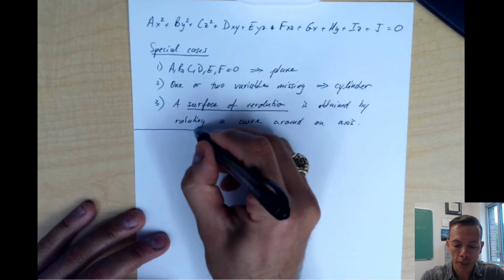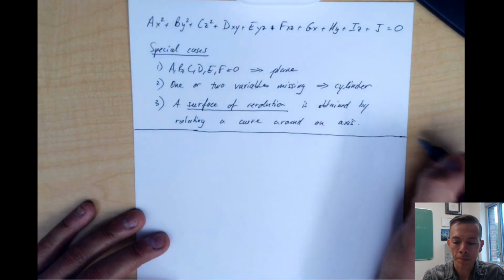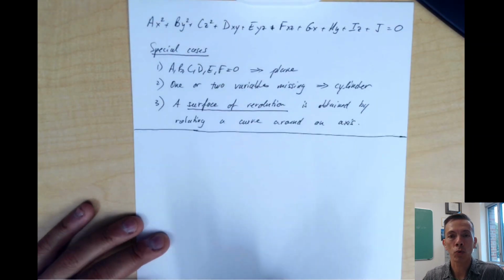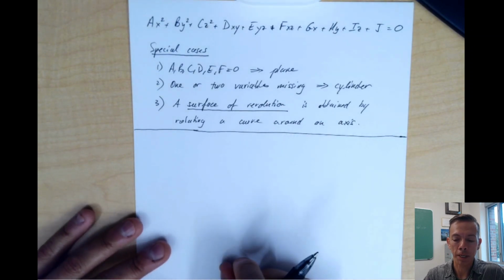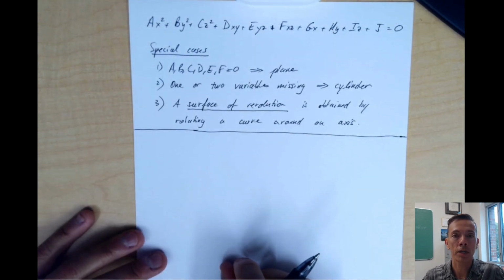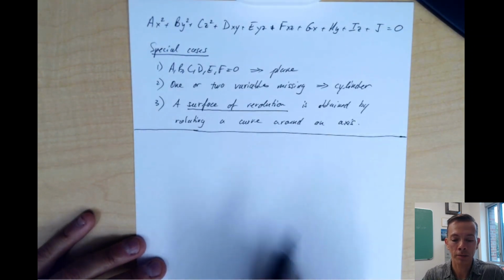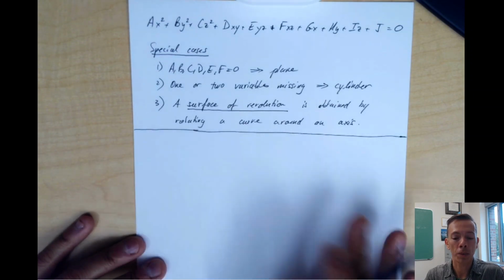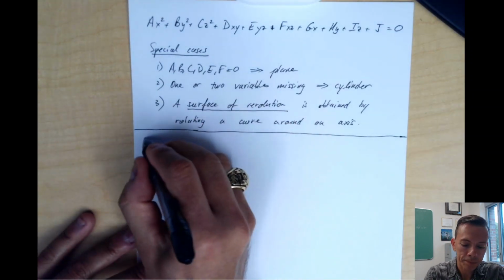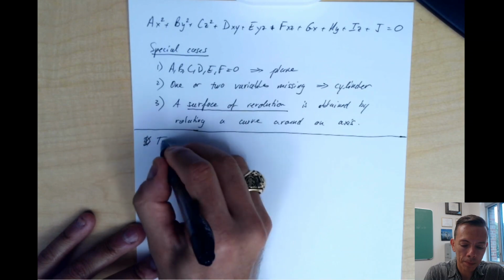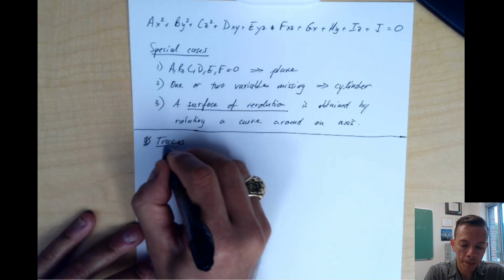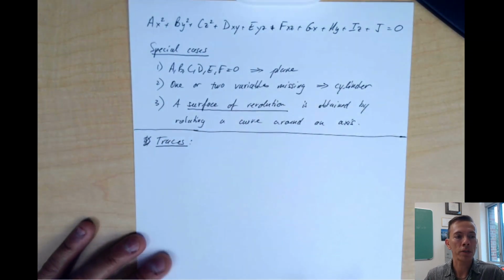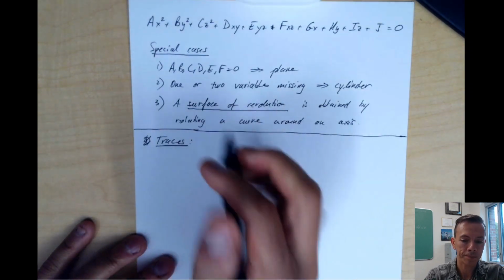If you do not have any of these special cases, the way you identify which kind of quadric you're dealing with is by looking at the traces. A trace is the intersection of one of these surfaces with a plane. So we're going to focus on traces now.